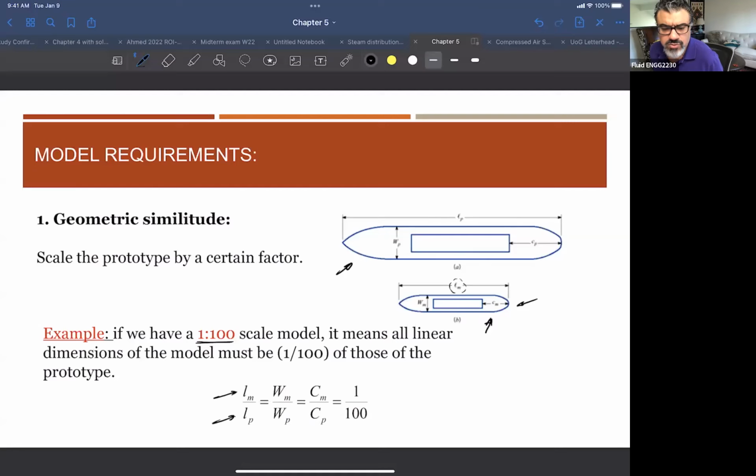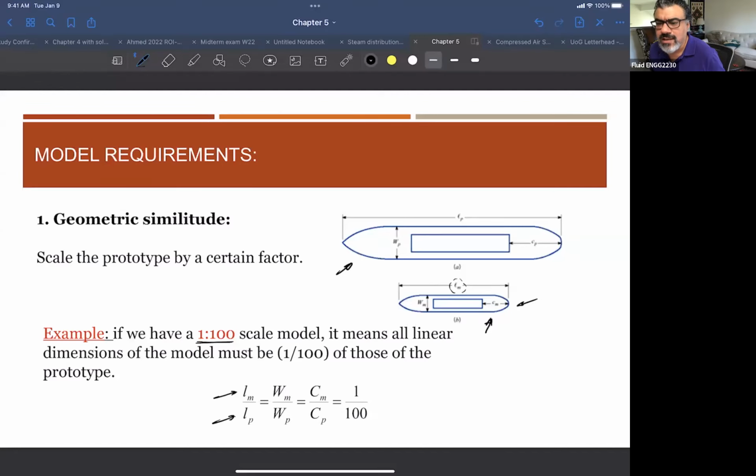So now, can I use a different scale when I represent all the dimensions, or does it have to be the same for all dimensions? Let's have a little bit more discussion here. So when I build a model, do you think any of these dimensions in the model over the dimension in the full scale can differ? Yeah, it has to be the same for all, right?